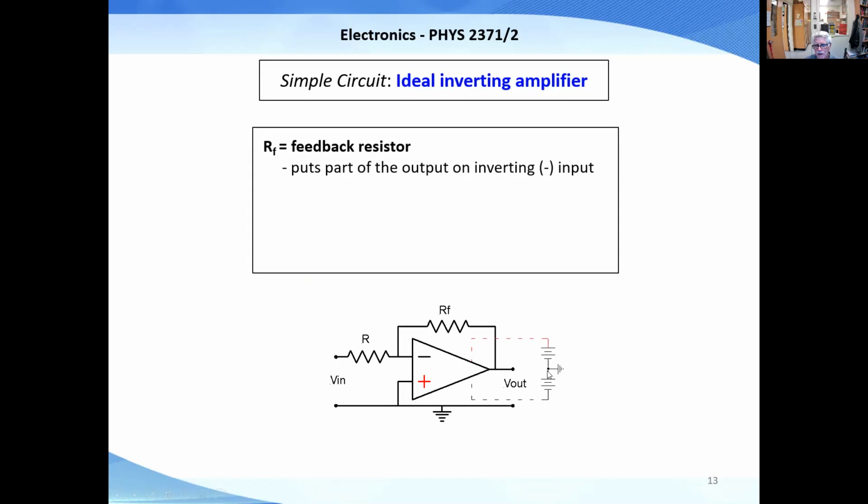Okay, and here's the power supply, but this is the only time I'm going to show it here. This resistor is called the feedback resistor because you're taking some of the voltage from the output and putting it back into the input. So there's your negative feedback there, going back here.